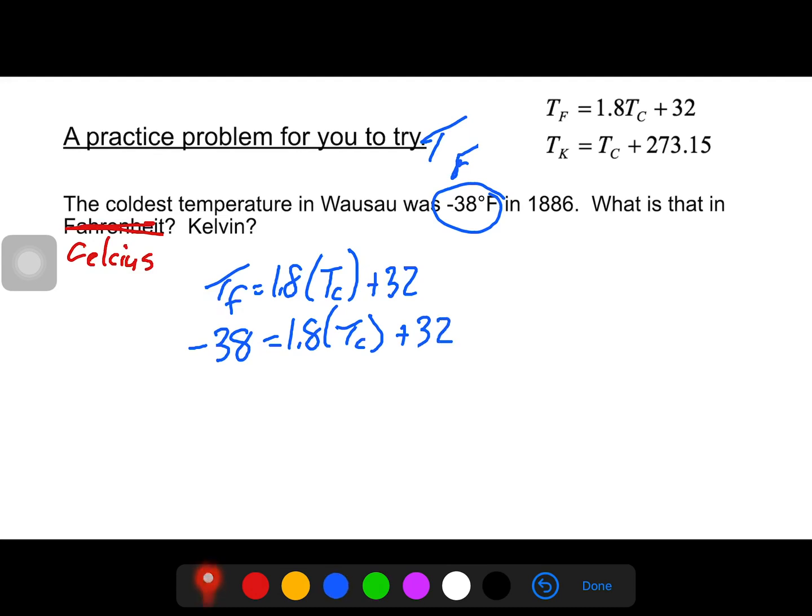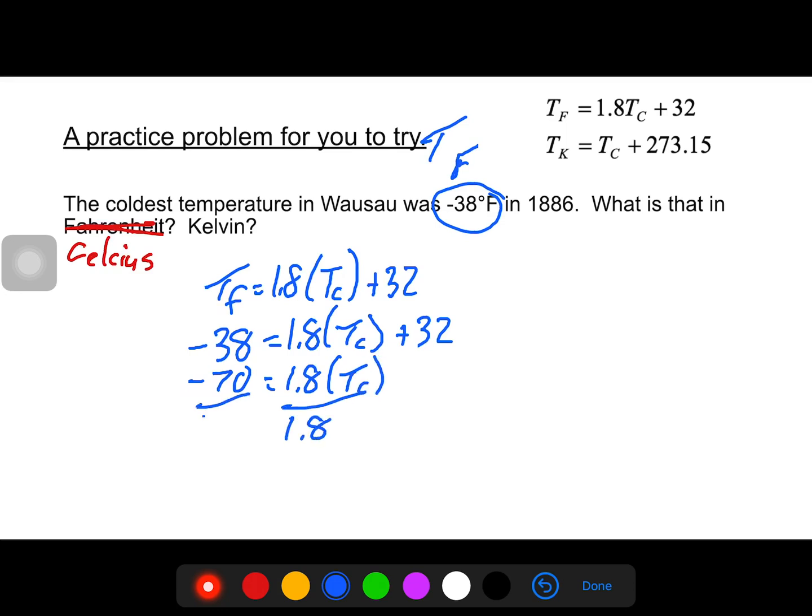Now, again, order of operations: we have a multiplication here, but before we do the division by 1.8, we have to move that 32 to the other side. So we have to subtract 32 from both sides. This is a negative number, so it's negative 38 minus 32, which gives us negative 70, equal to 1.8 times TC.